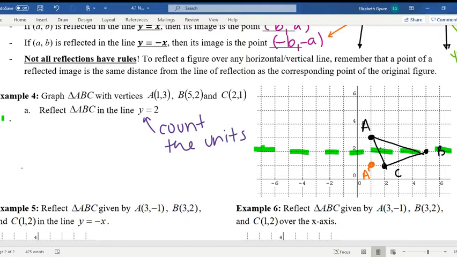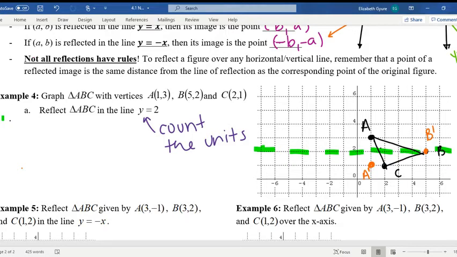Okay. Well, now look at B. Where's B? B's on the line. Can it go anywhere? No, it's on it. It's going to stay there. I'm just going to draw over it and put a B prime there as well.